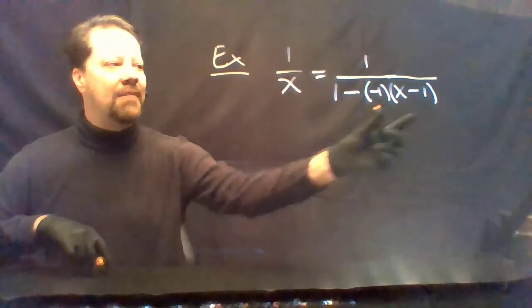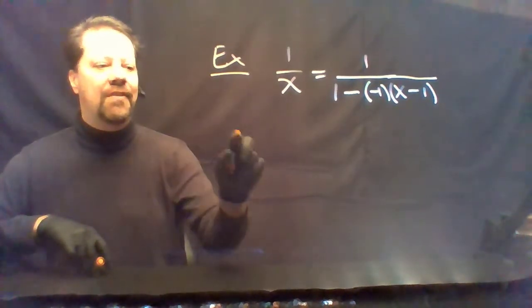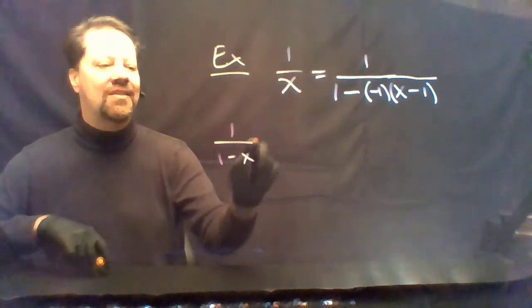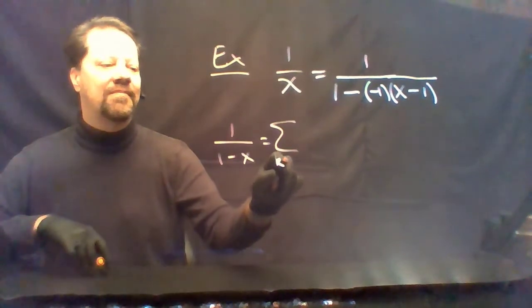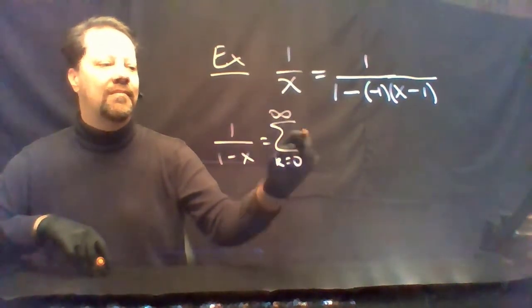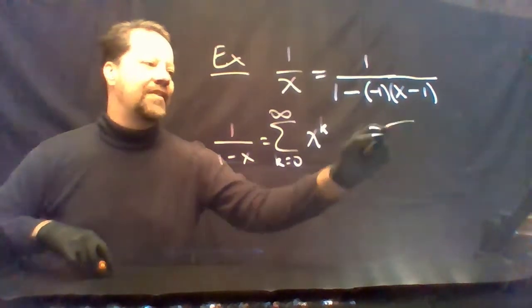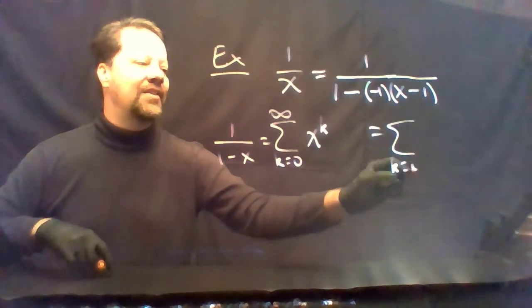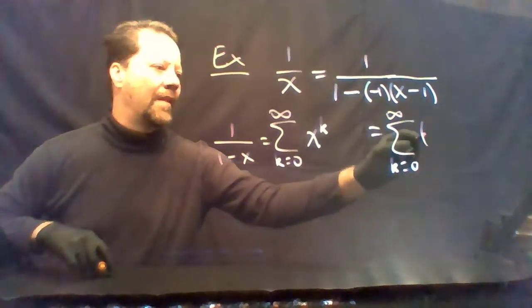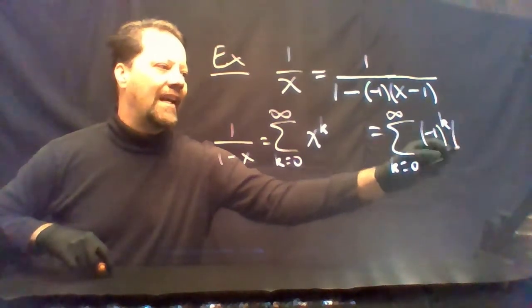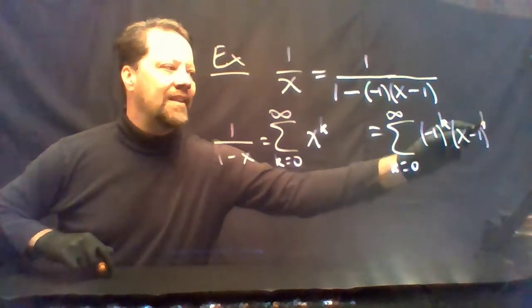And I'm doing that because I'm going to substitute this into that formula for 1 over 1 minus x. We'll have the sum, as k goes from 0 to infinity, of negative 1 to the k, x minus 1 to the k.